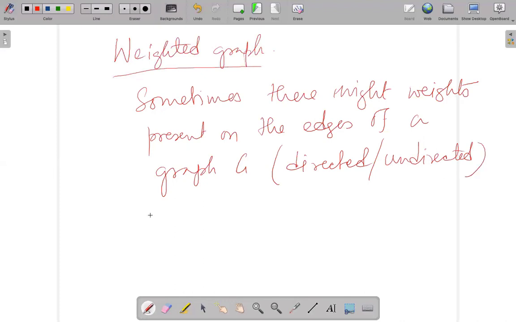So an example of such a graph is like this. There could be edges with numbers on them, or weights on them. So these are called weighted graphs.